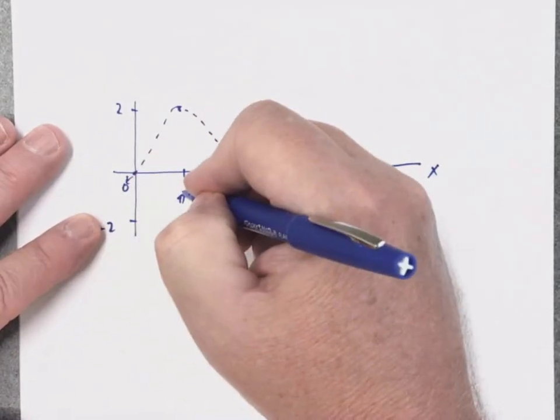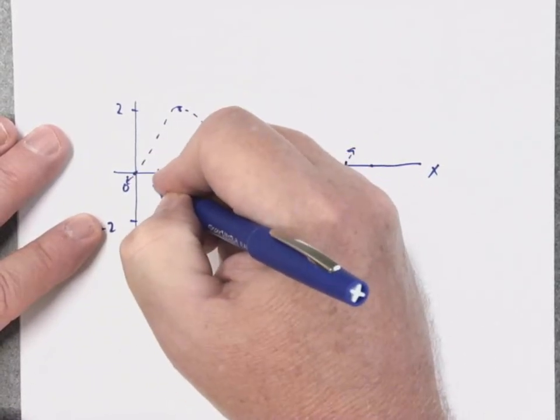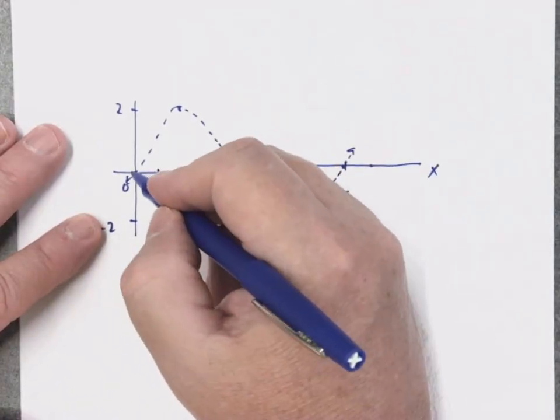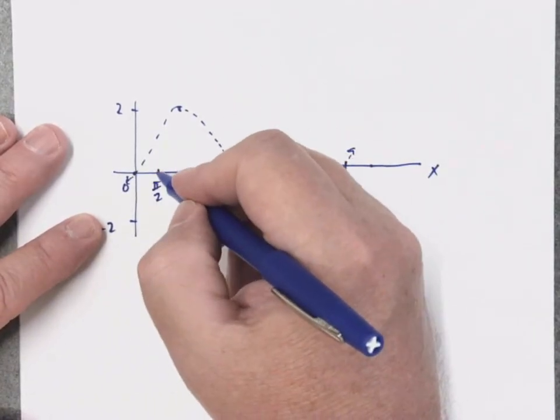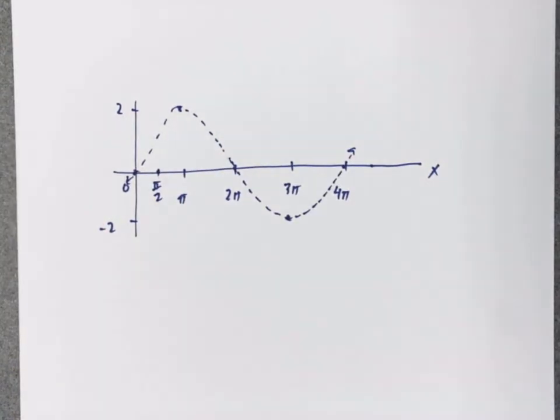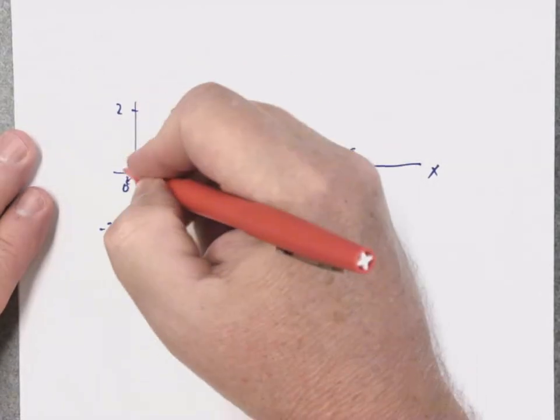Well, if 0 is here and pi is here, here would be pi over 2. So I'm going to take this whole graph and shift it to the left this distance. So let me do it in red again, so maybe it's easier to see. I'm going to take my key points, and I'm going to move each of the key points pi over 2 to the left.